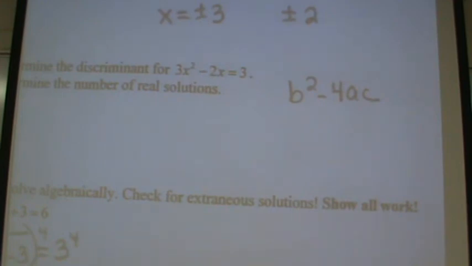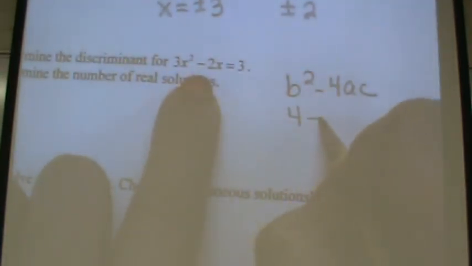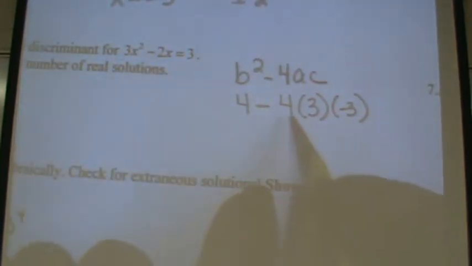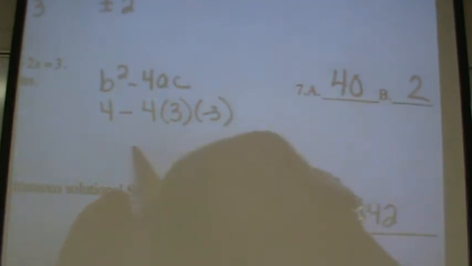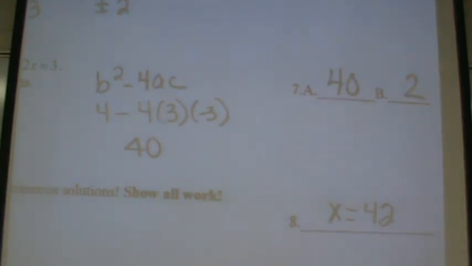So to find the discriminant, plug in: the b value is negative 2, so you have 4 minus 4 times 3 times negative 3. So that's gonna be positive, you end up getting 40 for your discriminant. Now, if the discriminant is a positive number, that means there's two solutions. If it's 0, that means there's 1, and if it's negative, there's none.